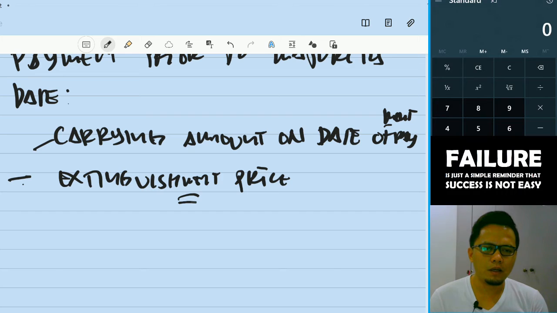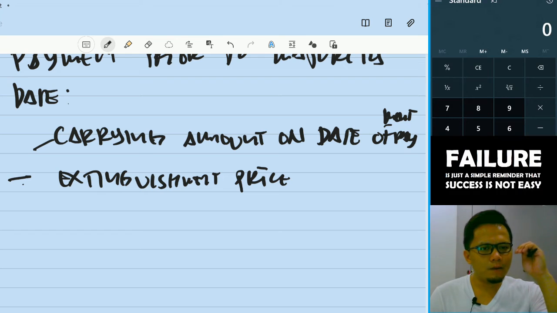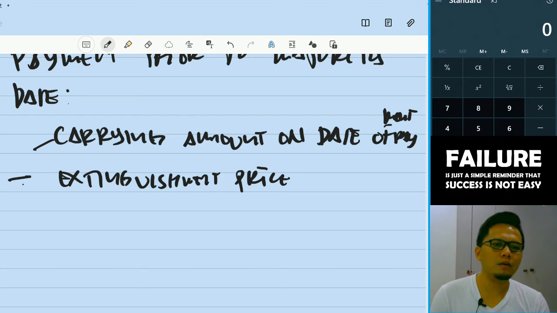So in computing for the carrying amount, we need to know what is the value of any premium or discount on payment date. So we need to establish the table up to the payment date to get your carrying amount.